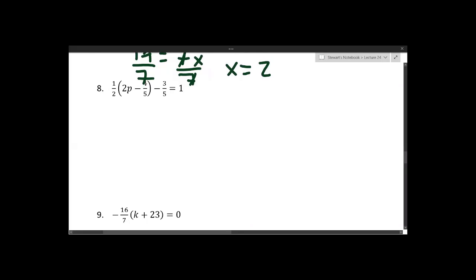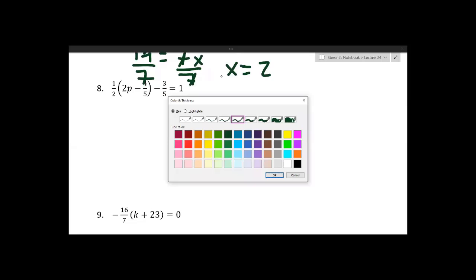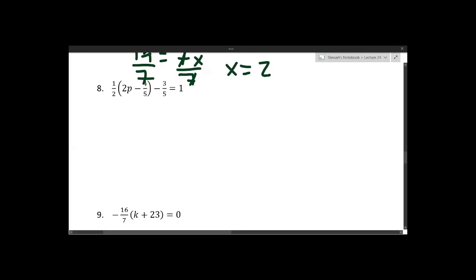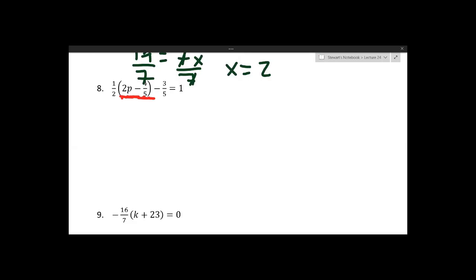Okay, now we have 1/2 times the quantity 2p minus 4/5, minus 3/5. Okay, so in this case, we do want to work almost entirely in the reverse of order of operations, because the variable is included in this quantity in parentheses, and something's being subtracted from that quantity and multiplied to it.